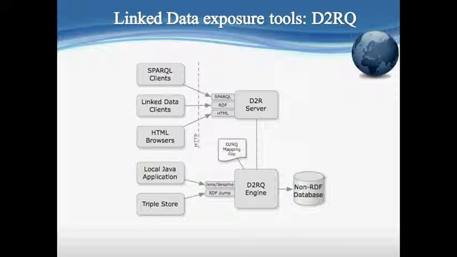And finally, D2RQ sets up the SPARQL endpoint on top of the RDF dump, and the other data sets can query your database on the fly. So when you update your database, your information in RDF format is available for other data as well. The good point for D2RQ is this updating approach.